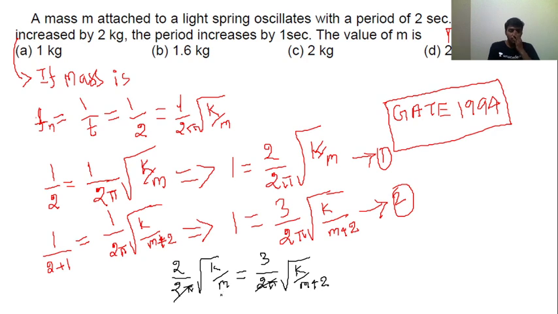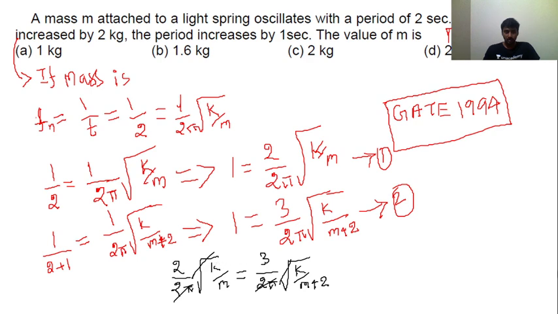We have to cross multiply these things. Now root and root cancel, here m plus 2, m plus 2, I am cancelling the values here.